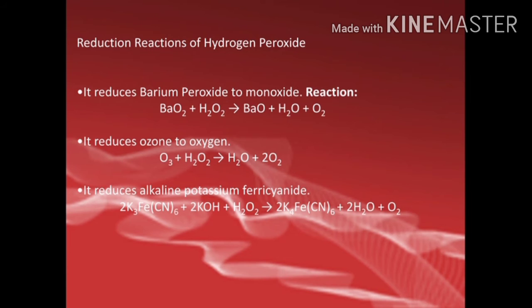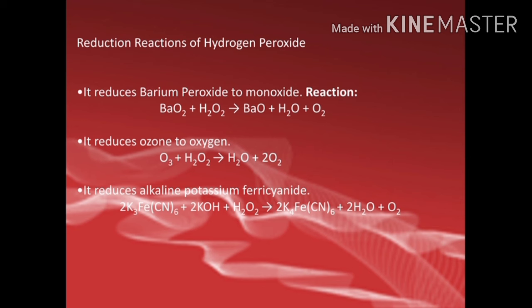Next, some of the reduction reactions of hydrogen peroxide. Hydrogen peroxide reduces barium peroxide into barium monoxide. That chemical reaction is BaO2 plus H2O2 gives BaO plus H2O plus O2. Hydrogen peroxide also reduces ozone to oxygen.